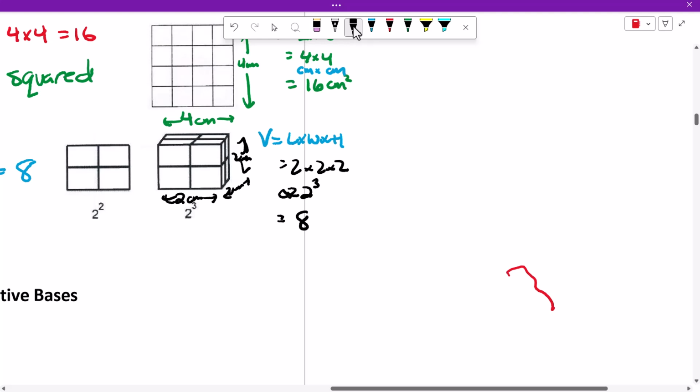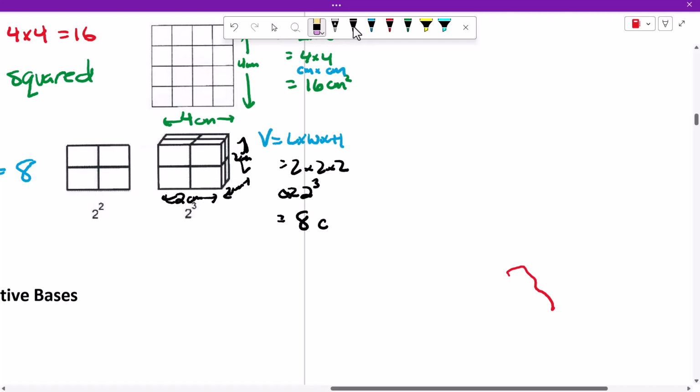So very common questions you can get with exponents this year and next year is asking you to find area of shapes and volume of shapes. So you have to memorize that it's length times width for area, and length times width times height for volume. Those are the formulas you're just expected to know, right? And since the 2 is repeating 3 times, the centimeter gets repeated 3 times.